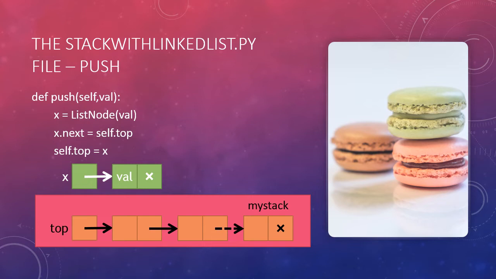In the data field, you have val, and the next pointer is None. Now I make x.next point where self.top is pointing. Self.top is currently pointing to the first node in the singly linked list.